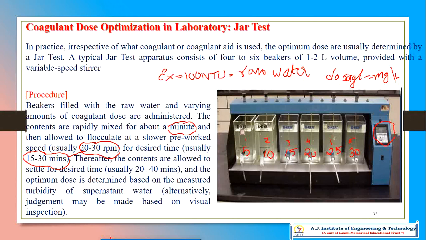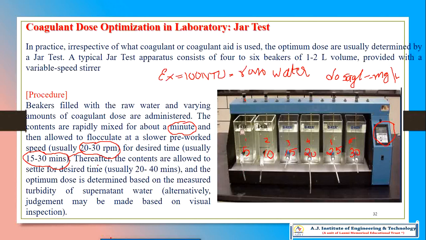Okay. So now after that, remove the paddle. You can raise it up and remove it, because some of the instruments here use beakers, and then you have to lift it. If you are not using beakers, then you have a collector, so that it will easily collect at the bottom.